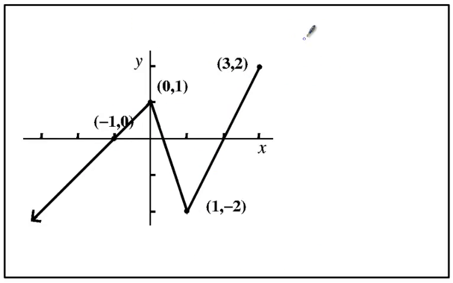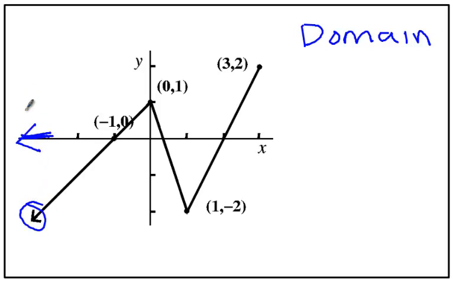Here we will first identify the domain. We always want to look for that minimum still. This arrow indicates that it's going to go forever to the left, which is negative infinity. And then it goes all the way up to the point of 3.